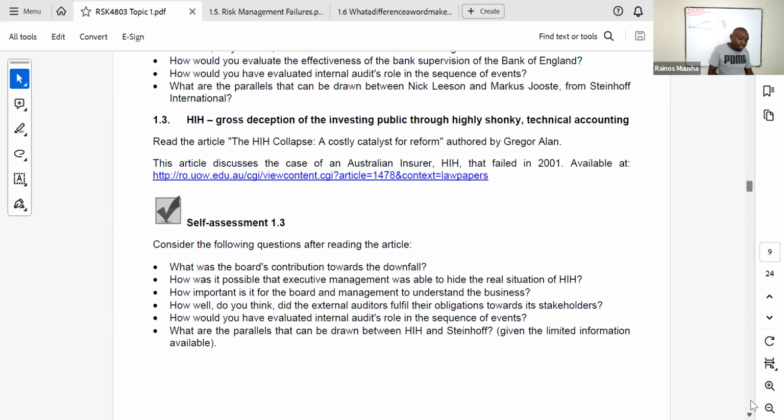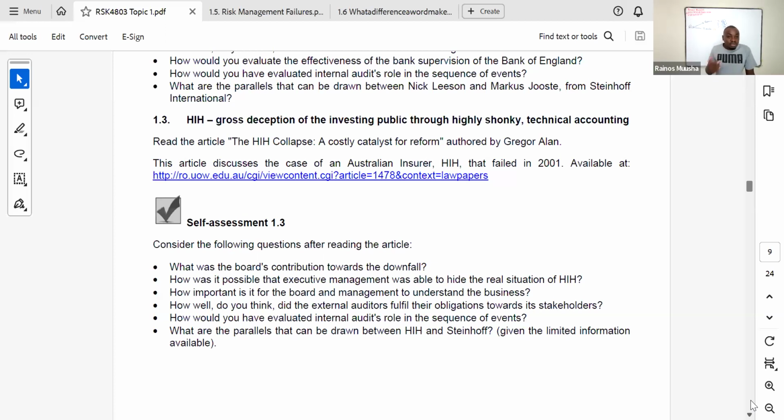Remember, if you look at all these case studies that we look at, I would say with an exception of ESCOM, most of these case studies that you look at, especially when you look at HIH, Barings Bank, and the other one that we are going to be looking at for 1.4, so you'll see that most, not 1.4, 1.2 and 1.3 as well.